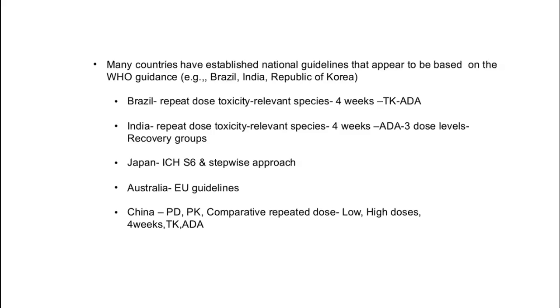Australia follows the EU guidelines, and China follows the WHO guidance document. They also say we have to include a PD marker, and PK in the comparative repeat dose toxicity studies. But at least we should use the low dose and high dose. The middle dose, the 2x dose, is not required for this.